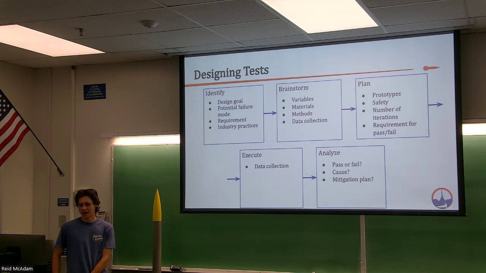A good resource for this is ASTM, which is like the American Standard... do you remember the acronym? American Standard Testing Metric or something like that. ASTM has thousands of predefined tests that you can look up.